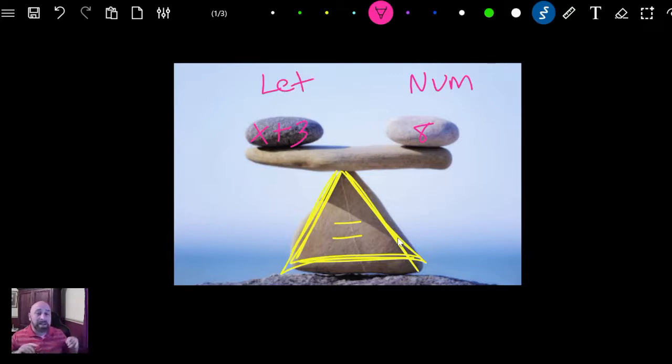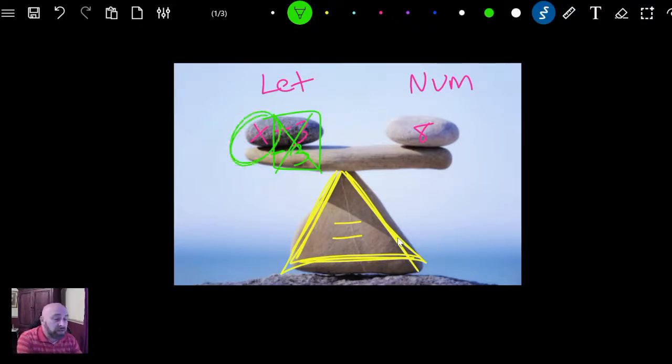So I want to take my number over to the other side, and I want to keep my letters together, and I want to keep my numbers together. So if I want to take this 3 over to the other side, notice what I have. I have a plus 3. I need to do a minus 3. Look what happens on this side when I have a plus 3 and a minus 3. If I have 3 and subtract 3, then I have 0.